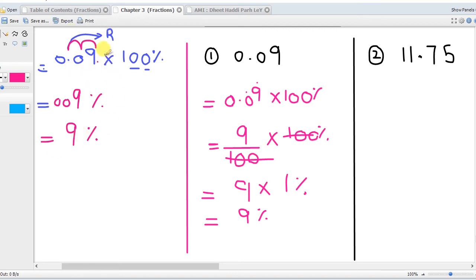So from this solution we make a conclusion that whenever we are going to multiply a decimal number with any other number, the decimal point should always be moved towards the right side.